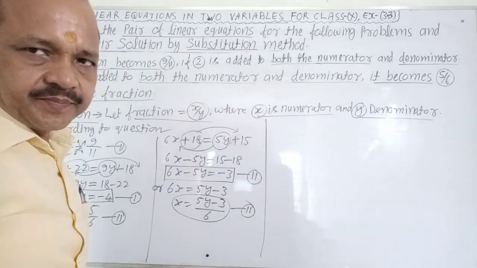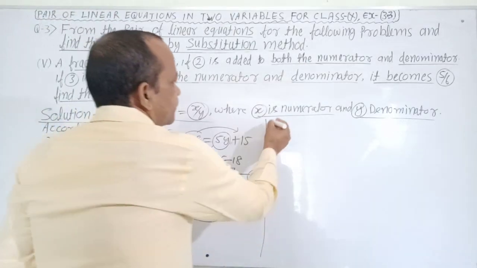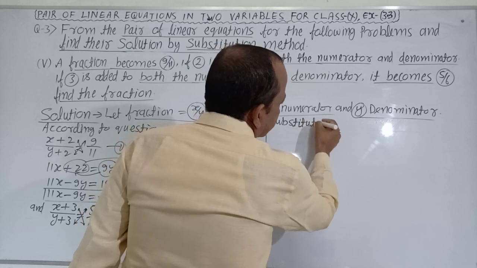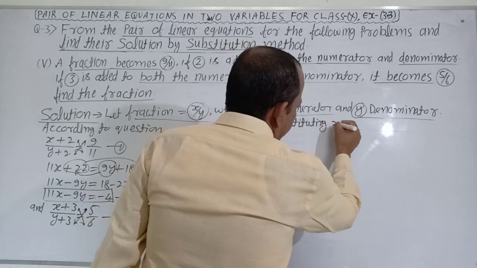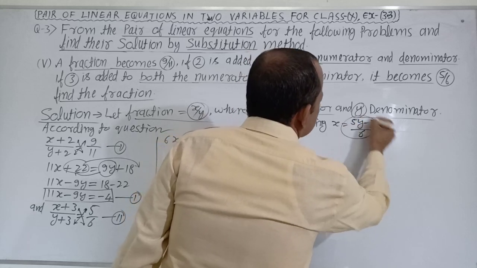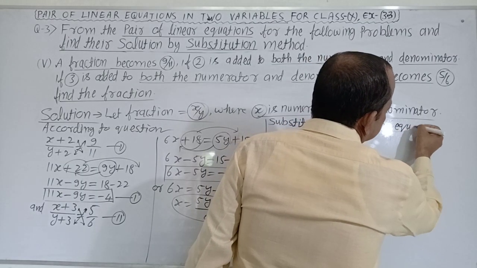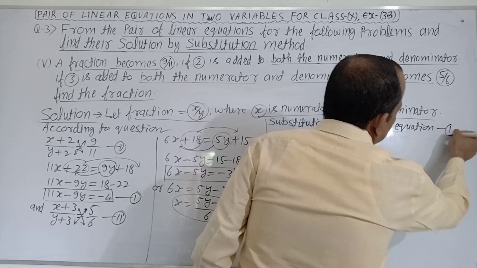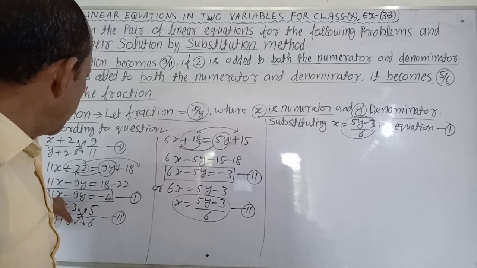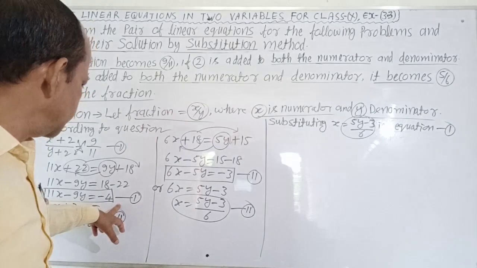Now substituting x equal to (5y minus 3) by 6 in equation first. Clear? Equation first is 11x minus 9y equal to minus 4.